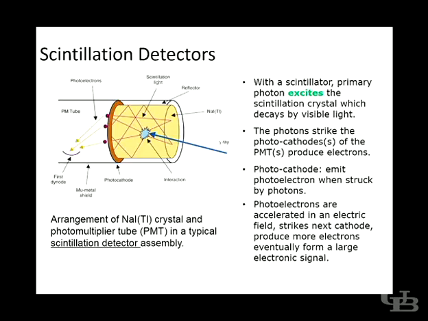When photon deposits energy in the scintillator, it will create elevation of the electrons from one lower energy state to another higher energy state in the scintillator. And when they transit to lower energy state, there will be visible light emitted. So the energy deposited will be converted into visible light.